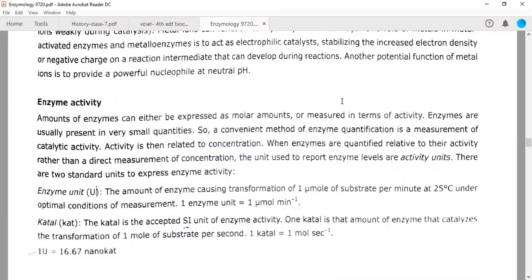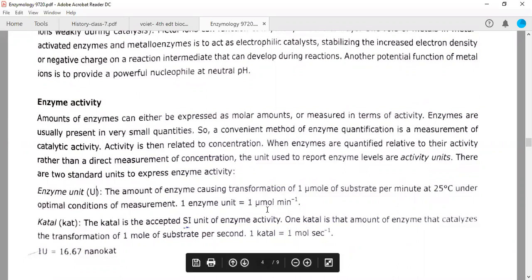Finally you will measure the enzyme in terms of its activity, how much of the substrate it is able to convert into product. Enzymes are usually present in very small quantities, therefore they must be given units that allow sensitive measurements.